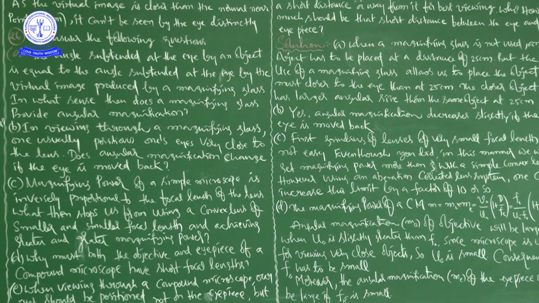While answering this, we have to know what the eye ring is. I will tell you first. The image of the objective in the eyepiece is known as the eye ring.